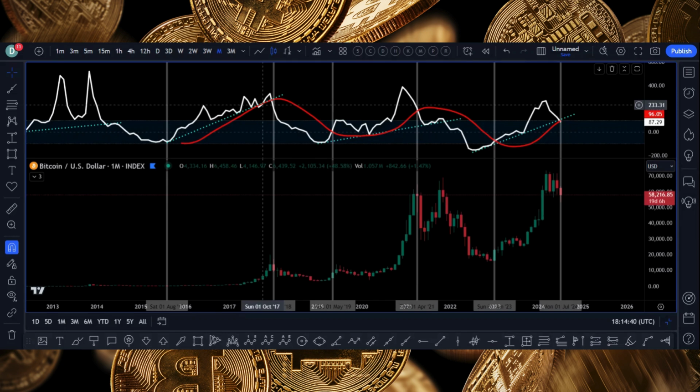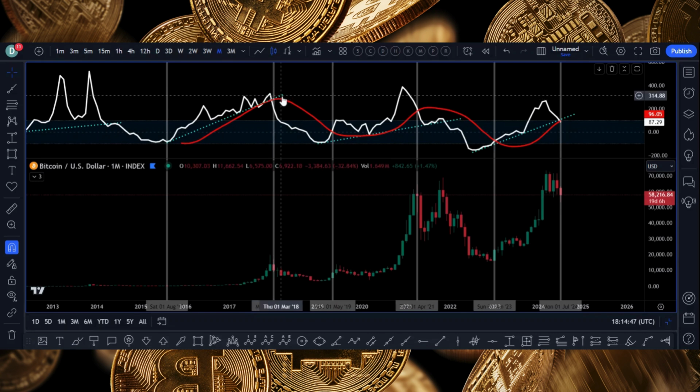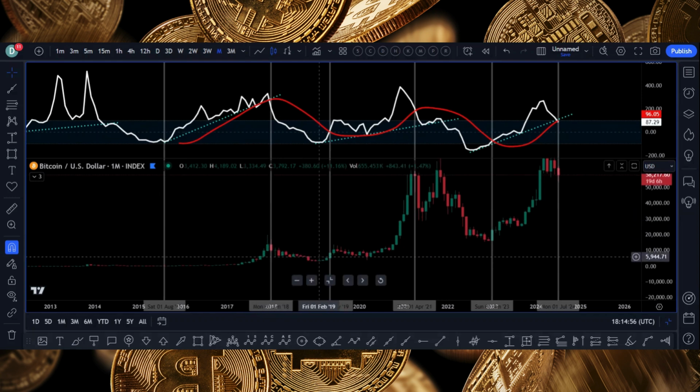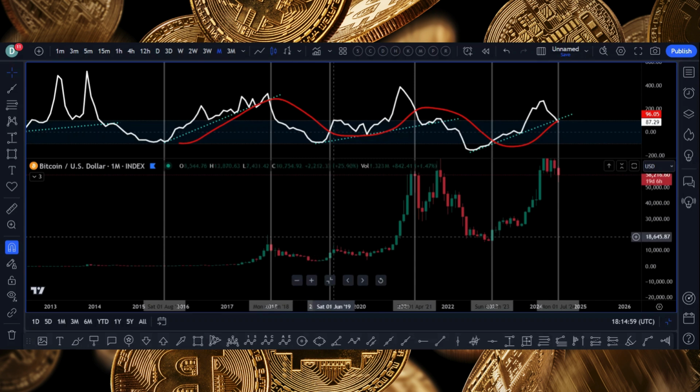So we break here with all the things coming into confluence. We break the trend line here, and we cross below the signal line here. Again, that's confirming our selling, our huge correction that takes place on our monthly chart.